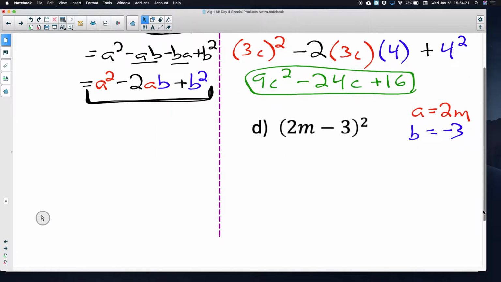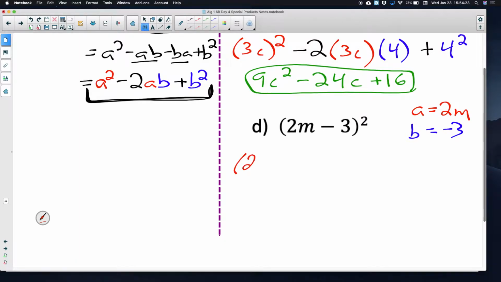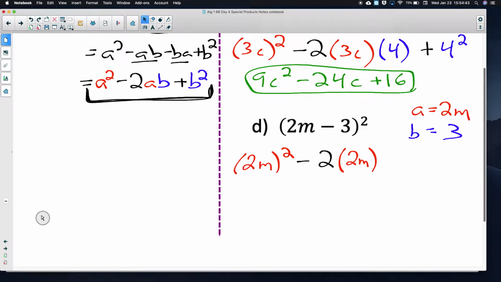So I've got 2m squared minus 2 times A, which is 2m, times B, which is positive 3, and then I've also got plus B squared, which is 3 squared.